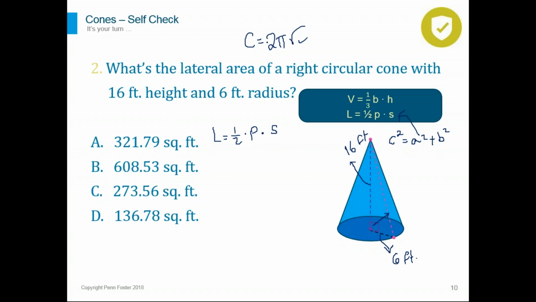The perimeter or the circumference is given by this formula, 2 pi r, and r is given as 6 feet.